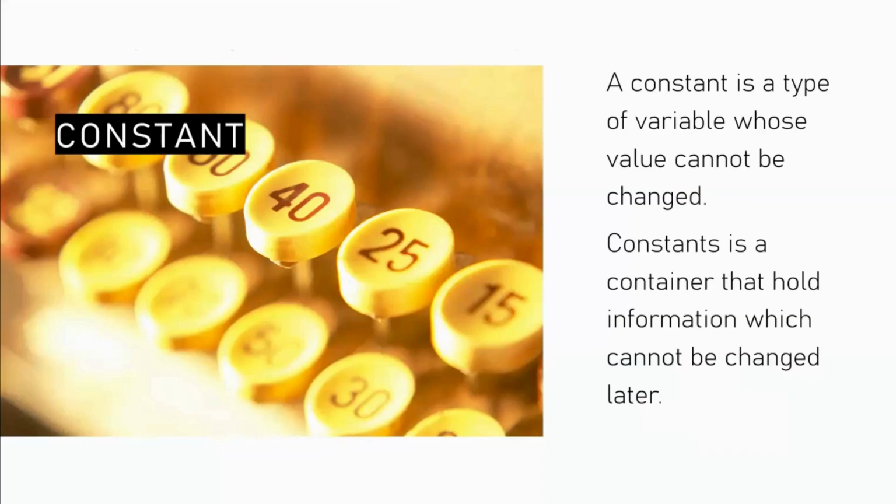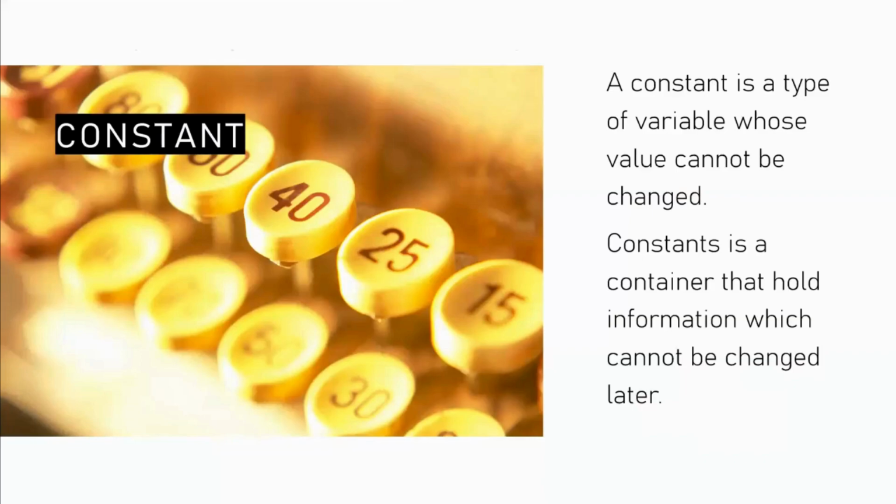But what is not changing? Anything which is referred to as a constant, the value of this variable will not change throughout the execution of the program. Whatever value has been specified, that value will continue for the whole program.